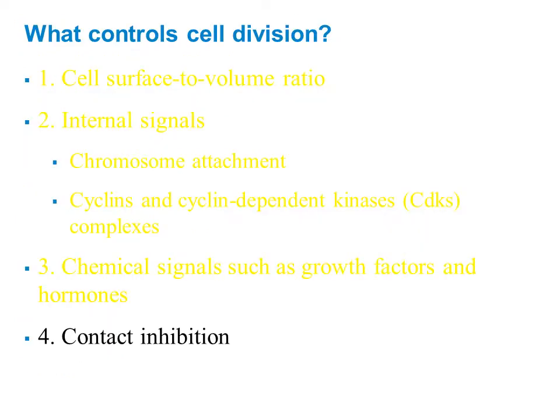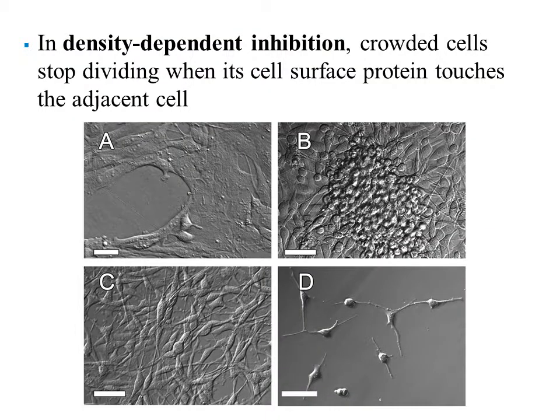The fourth way to control the cell cycle is through contact inhibition. In density-dependent inhibition, crowded cells stop dividing when the cell surface touches the adjacent cell. So think of a crowded room. In this room that you're sitting in, you have 72 students.